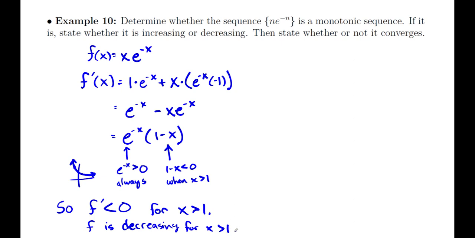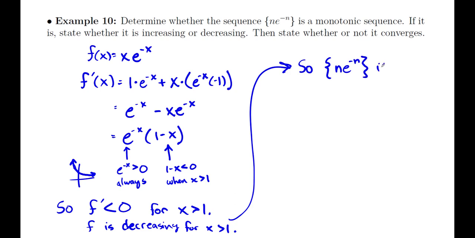And so we can take this conclusion that we just made from our function and apply it now to the sequence. So that means this is decreasing, right? It is monotonic.